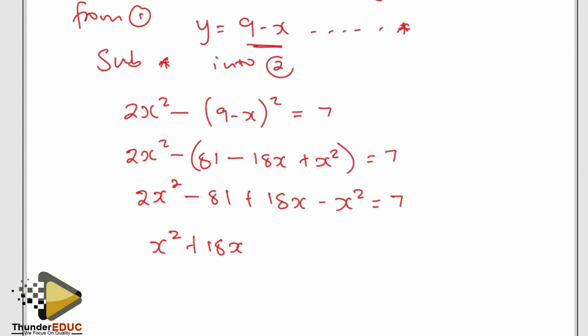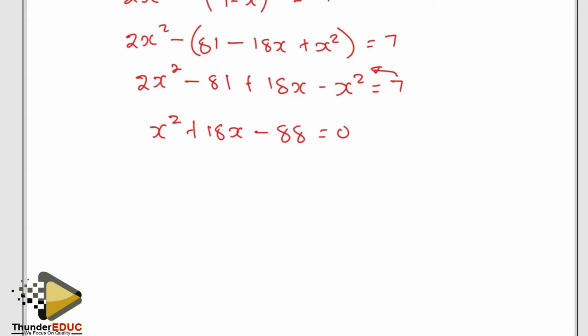No, it's okay. So I'm going to move the 7 to the left hand side. Okay, so it's going to be a negative 88 is equal to 0. Negative 88. Okay, then I will reuse my quadratic formula or my factors.